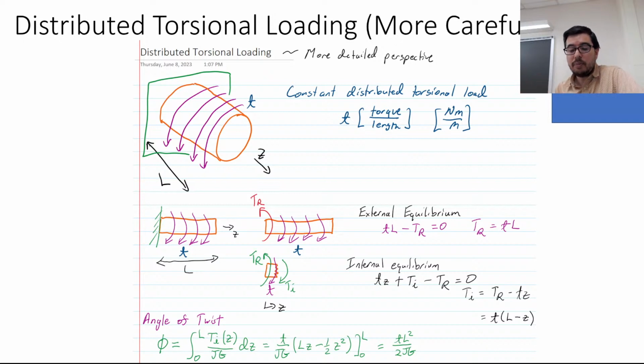Similar thing here. But all this distributed torque integrated up, just like mg for a hanging bar, is all going to be supported by the wall. So there's a reaction torque at this wall that opposes this, and then we do external equilibrium to figure out what that reaction torque is.